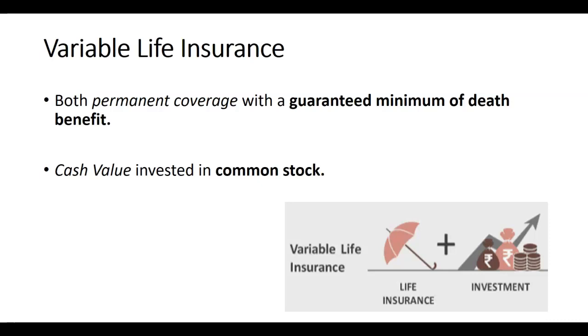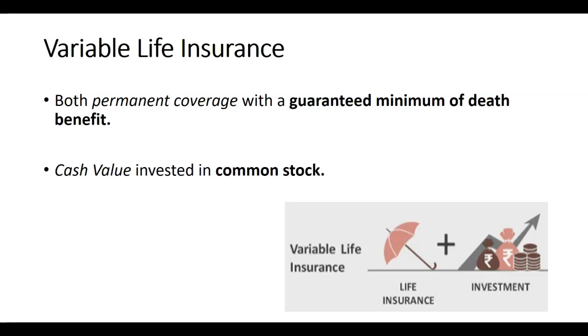And we see that there is a level fixed premium. And there's also an investment-based product. So you get both. You get permanent coverage with a guaranteed minimum death benefit.